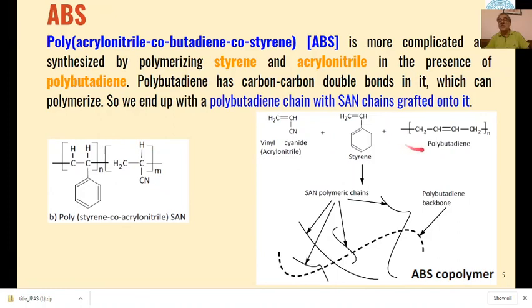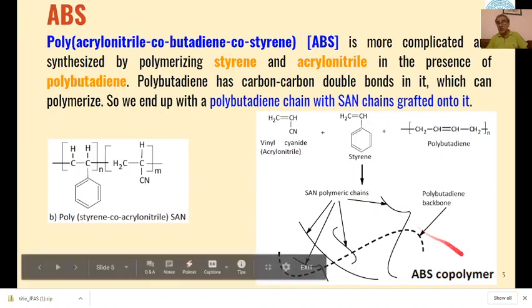Then this SAN reacts with polybutadiene. So these two monomers are reacted in the presence of polybutadiene, and we get this type of polymer, which is called ABS polymer. What happens is, on this polybutadiene backbone, we will have the chains of SAN polymer grafted on this chain.